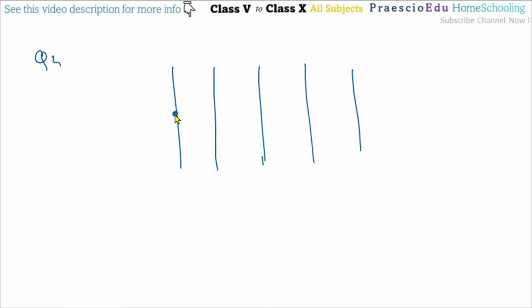So here the middle one is at the 5th place, here also the 5th place, and so on for all five rows. If all these students make a single row, what will be the place of the middle man of this row? First of all we will count how many men are here. Sorry, here 4 and here 4, so then only the 5th, meaning the middle one, will come.